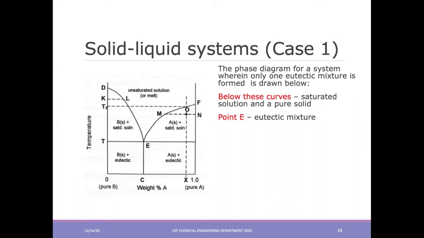There are 3 phases here in the system: solid A, solid B, and solution C. So the degree of freedom would be equal to 0.